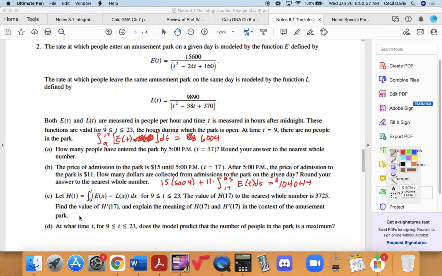All right, well, h prime of 17, let's find h prime of t first. What is h prime of t going to be? E of t minus L of t. Yeah, e of t minus L of t.